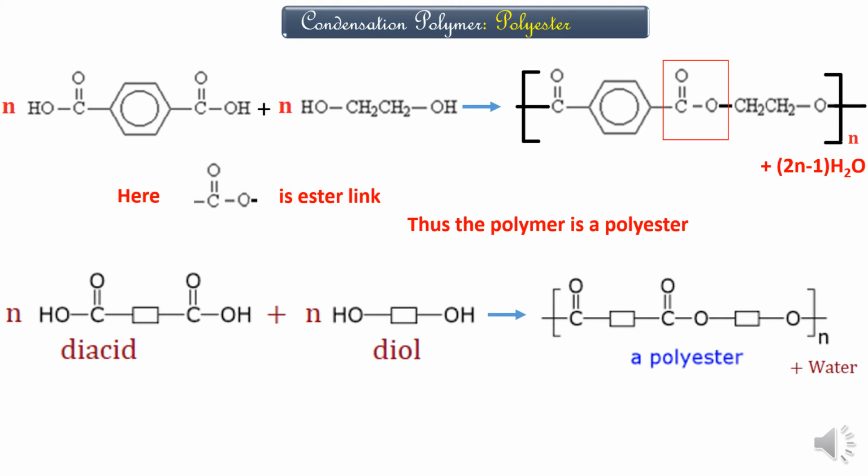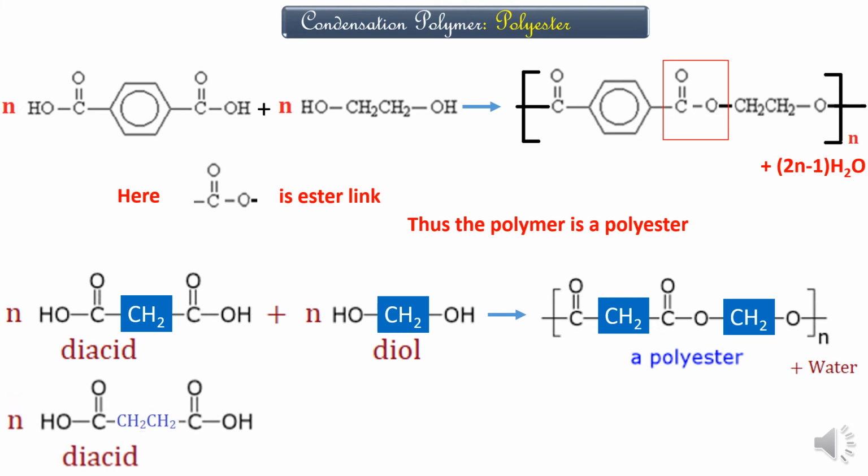Water here is the byproduct. If the middle portion is CH2 and CH2 for both diacid and diol, in the polymer you will get the same. Actually, the middle portion remains unchanged.